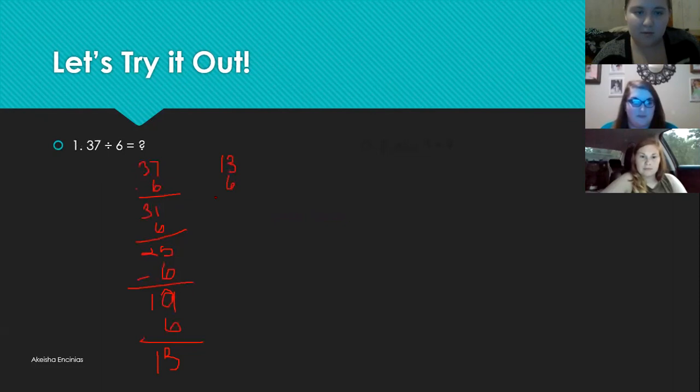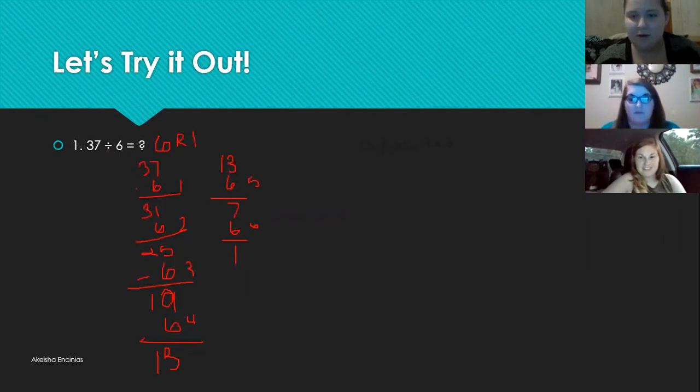Minus 6 is 7. One more 6 is going to give us 1. Now you can't subtract 6 from the 1, because that's going to give us a negative. So let's count how many 6s we got. 1, 2, 3, 4, 5, and 6 sixes. So 37 divided by 6 is 6 with a remainder of 1. See how we got that?